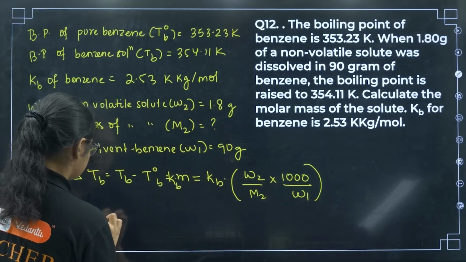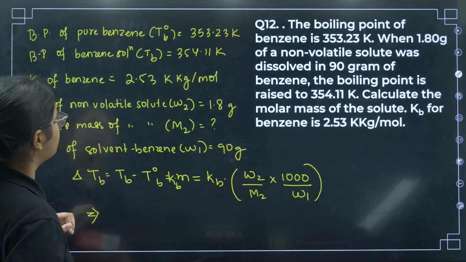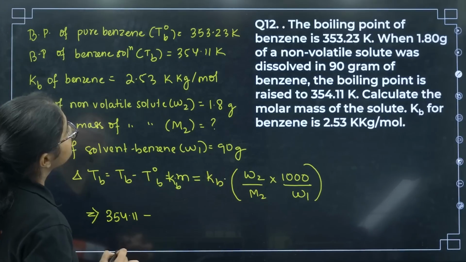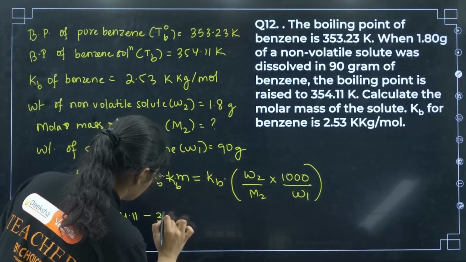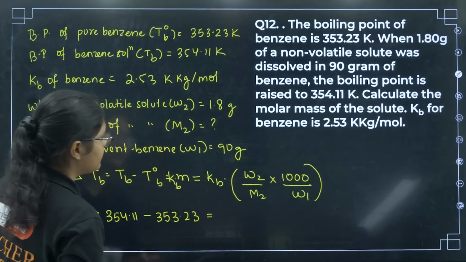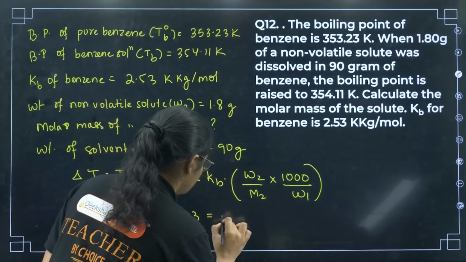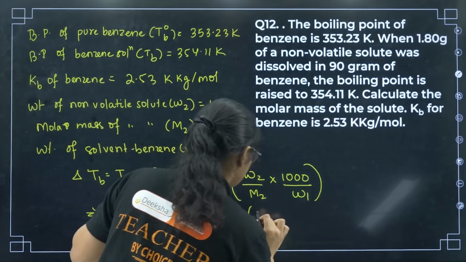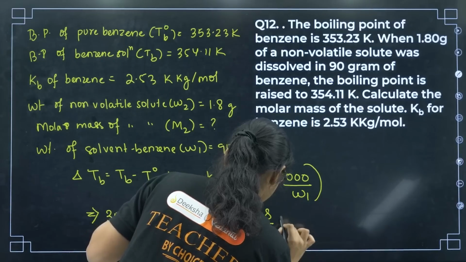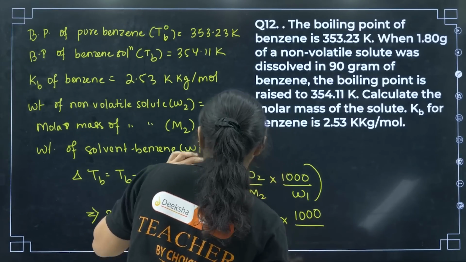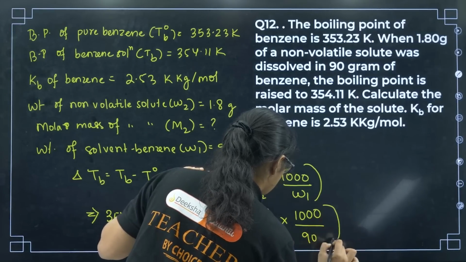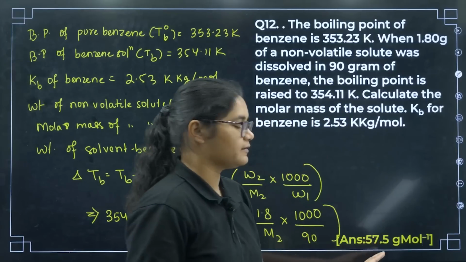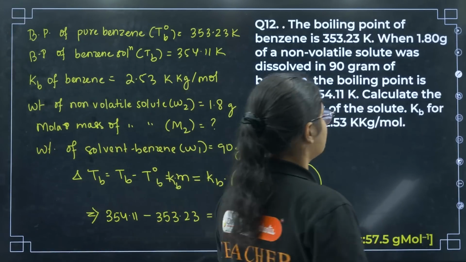Now if I substitute here, TB value is 354.11 minus 353.23, Kb value is 2.53, W2 value is 1.8 into M2 into 1000 by W1 is 90. Okay, now if I solve this and calculate the M2 value, you will get 57.5 gram per mole. Okay, that is the molar mass.